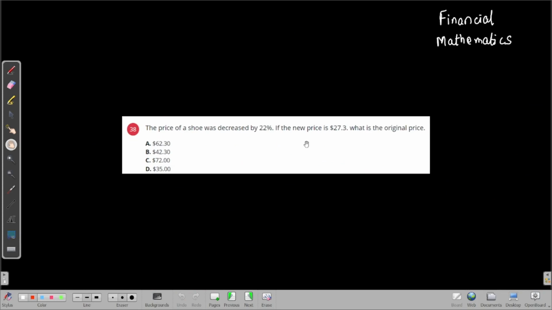The price of a shoe was decreased by 22%. If the new price is 27.3, what's the original price? So let's let the original price be X. If you decreased the price by 22%, it means you removed 22% from 100%.